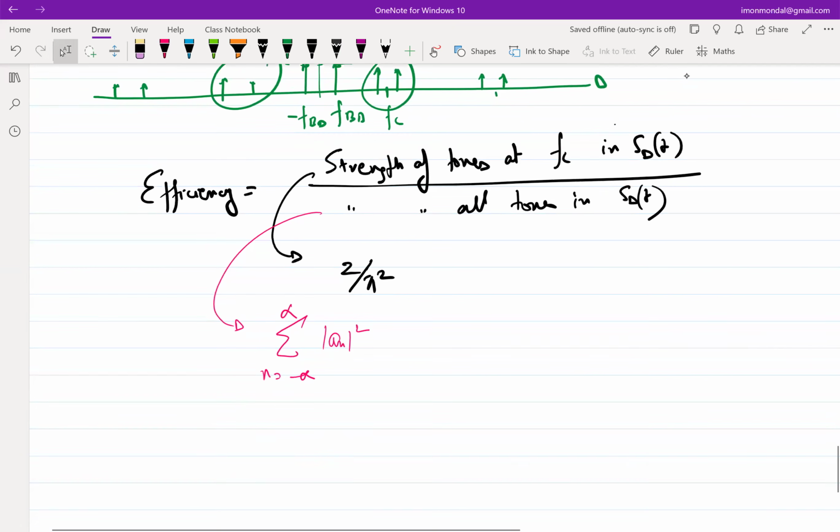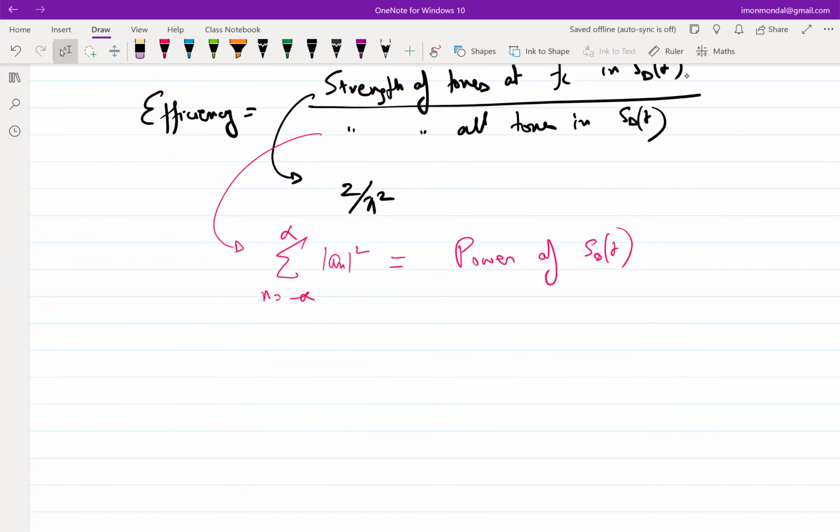So this is equal to the power of SD of t. And what is SD of t? Again, it toggles between 0 and 1, with a 50% duty cycle. So what is the power?